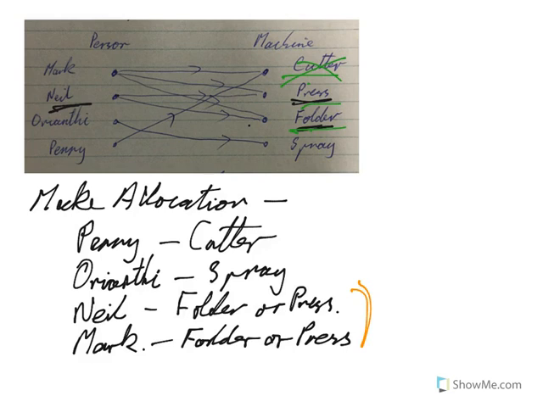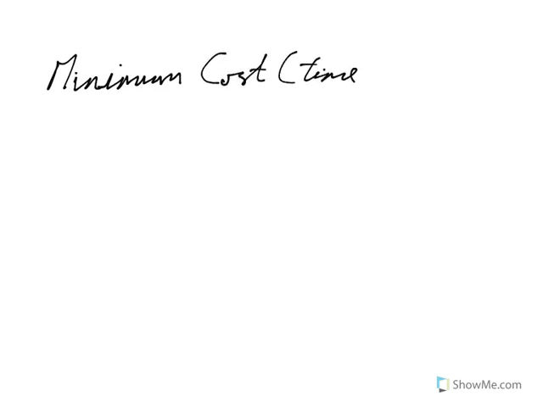So step 9 then, the last step, is to figure out the minimum cost. In this case it's time, from what they do. So we've got Penny, and she's operating the cutter.